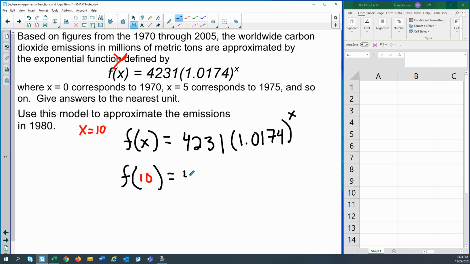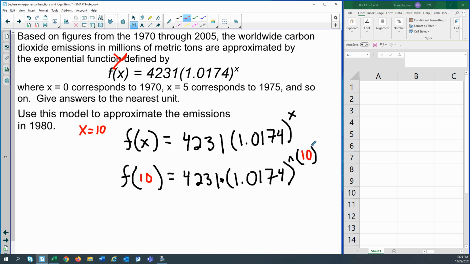So we have 4,231 times 1.0174, and it's to the power of 10. We're going to use Excel, so let's plug in the notations we're going to need. So you're going to need your multiplication there.